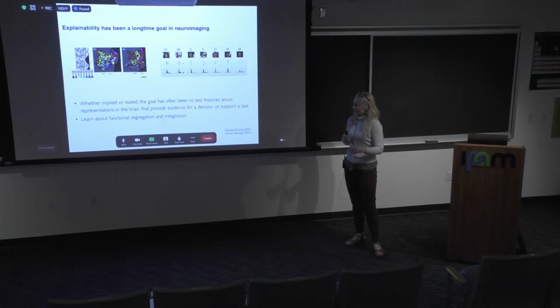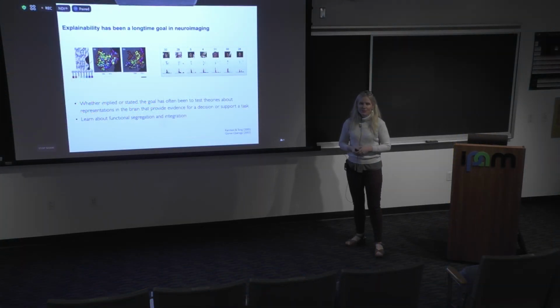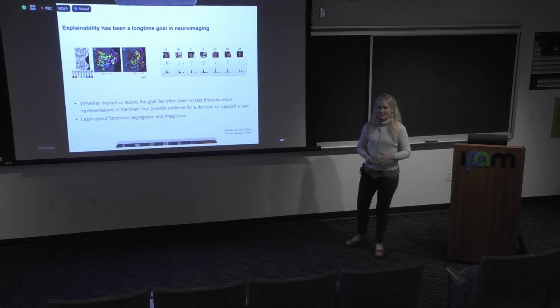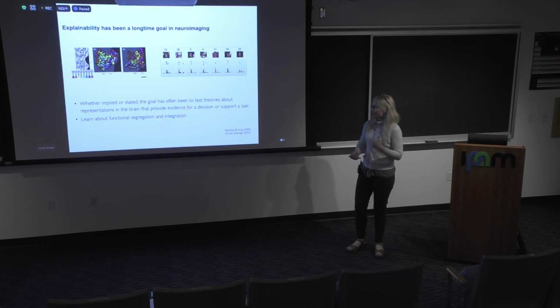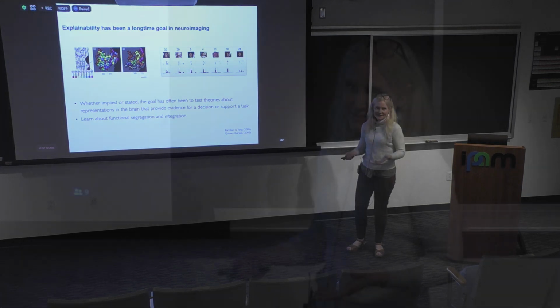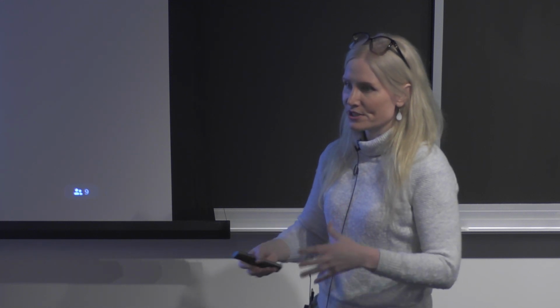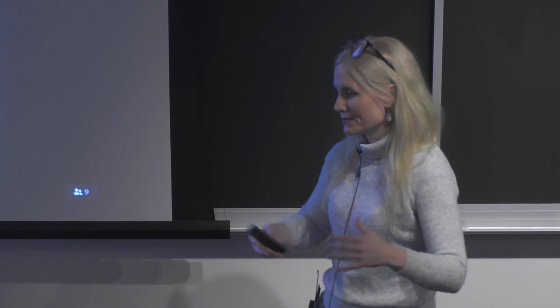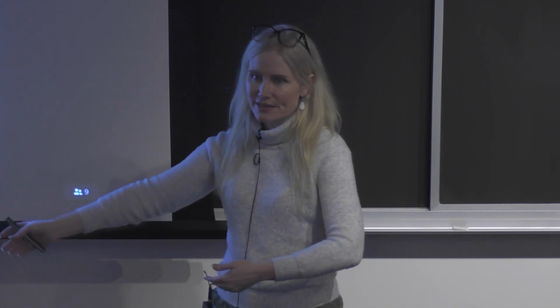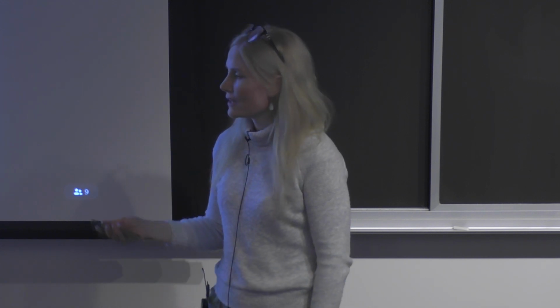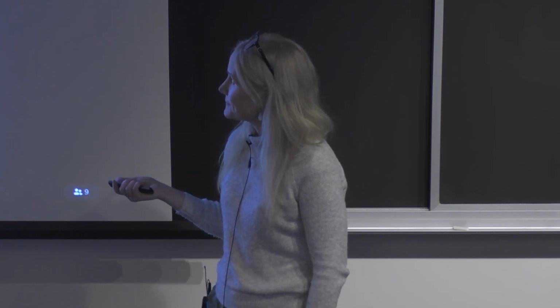So that essentially provides information for both distributed and localized information coding in the brain. Using explainable AI techniques, we may be able to move towards testing theories as to how this information is linked, how it's used, and how the brain deploys different processes to integrate this information and read it out so that it can be used for accomplishing tasks.